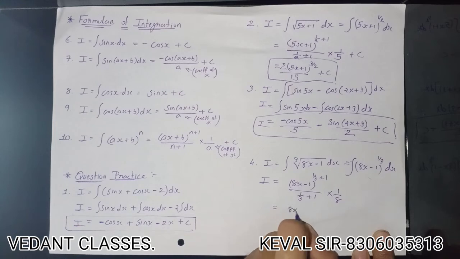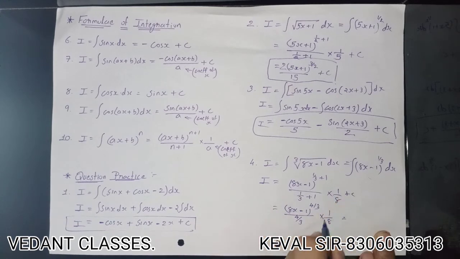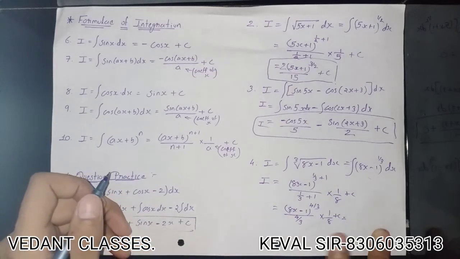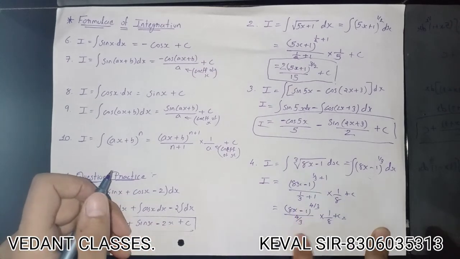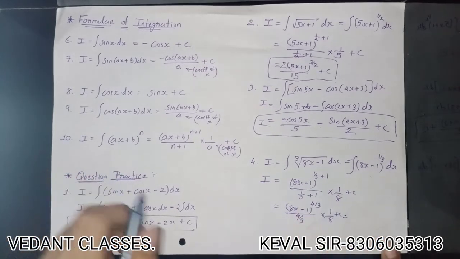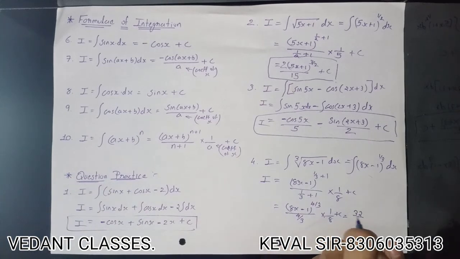So this will be 8x minus 1 raised to 4 by 3, upon 4 by 3, into 1 by 8, plus c. So taking 3 in the numerator, and 8 4s are 32, so this will be 3 by 32 into 8x minus 1 raised to 4 by 3 plus c.